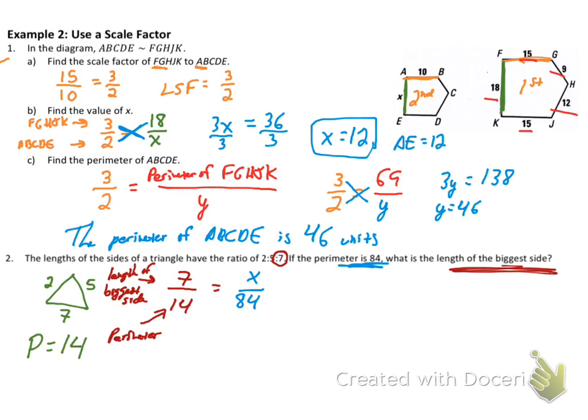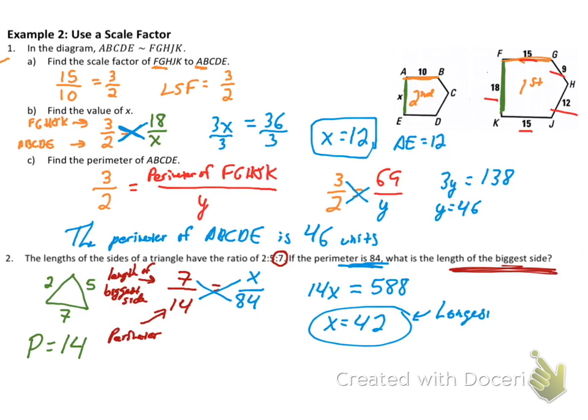And then when I cross multiply, I'm going to get 14 times x, which is 14x, equals 84 times 7, which gives me 588. And when I divide that by 14, x is going to equal 42. So this is the longest side, 42.